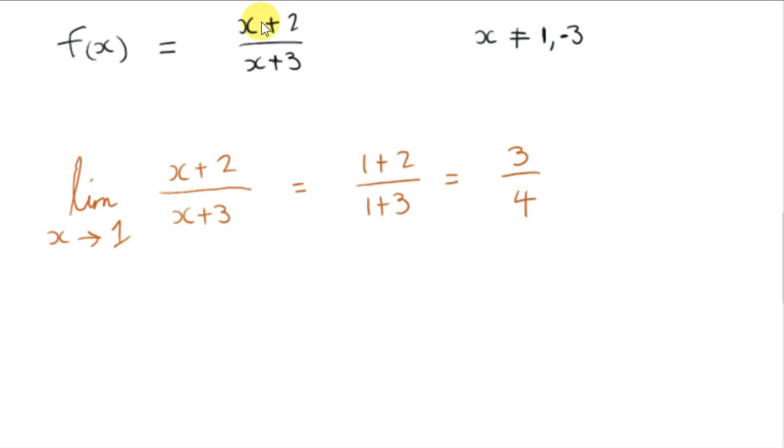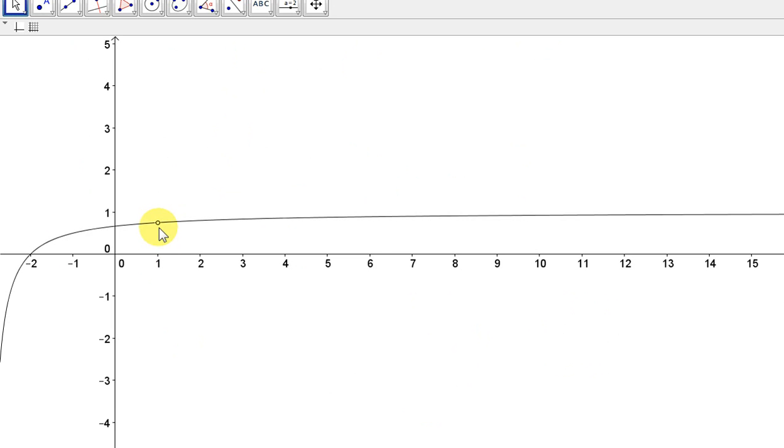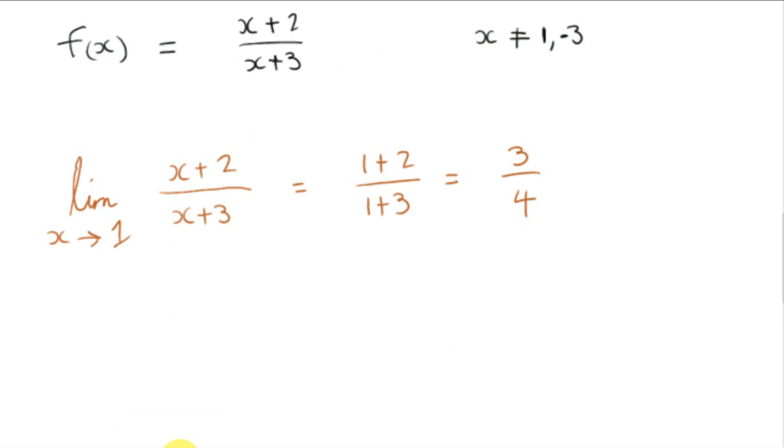So our function can be written like this. This is identical to what we had, as long as we clearly state that x cannot equal 1. So the graph of this will look exactly the same. We just need to circle out the point on the graph where x equals 1. So we just have to circle out this point. So the situation is the same as before.